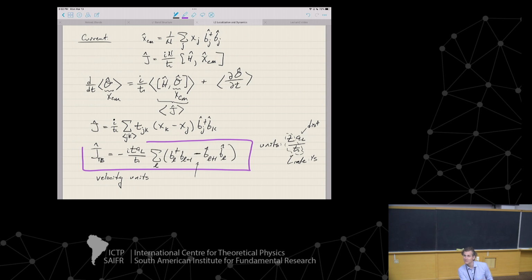Yeah. Sorry. Questions? Yeah. So basically we can make an analogy between this kind of current and the probability current. Exactly. This is very much like a probability current.